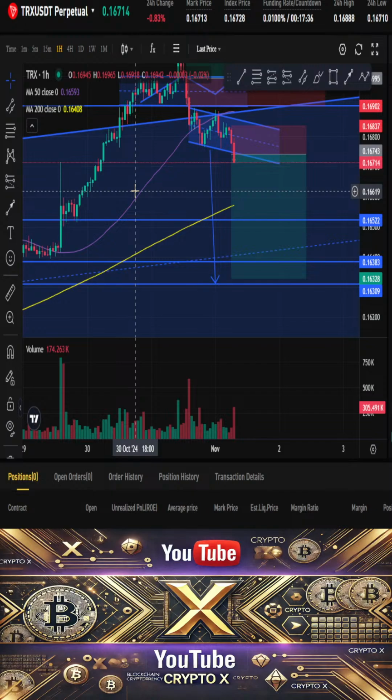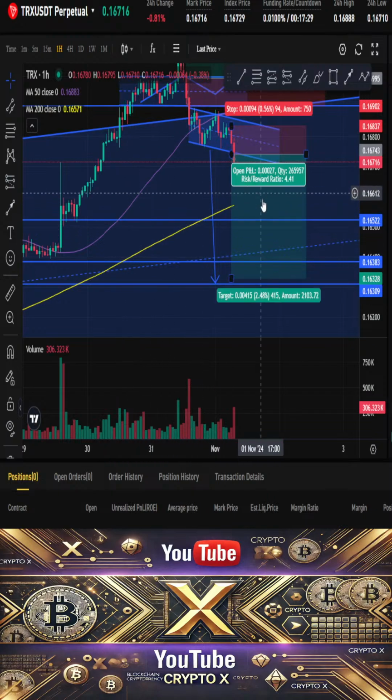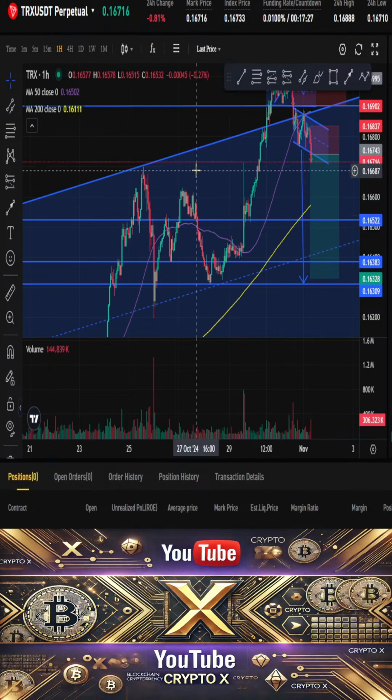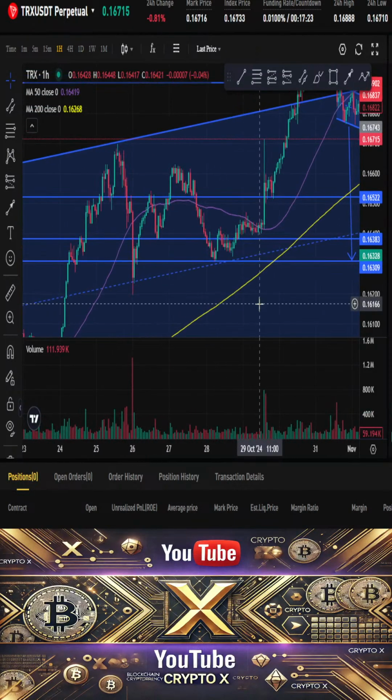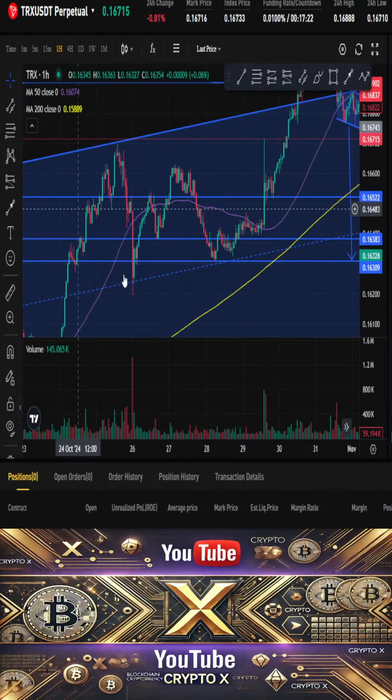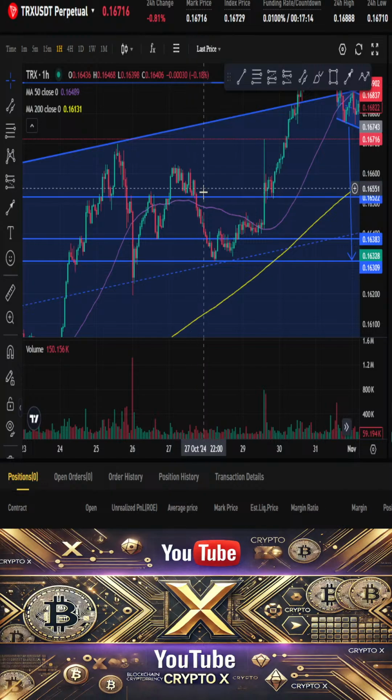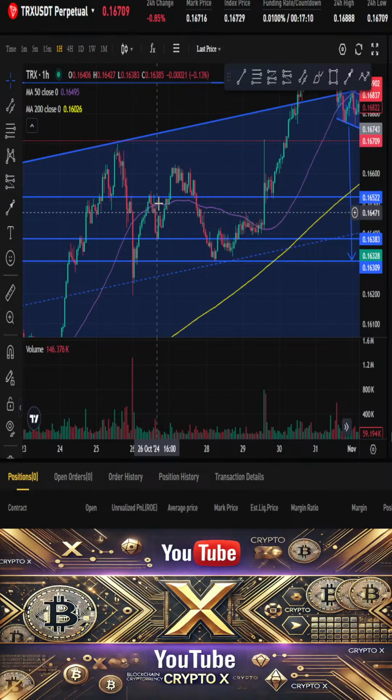And how do you select the target points? For the target points, if it is going in a downward direction, go a little bit backside. You can see this chart here. Here you can see a little bit of support, again a little bit of support here, and there was a little bit of resistance from this point.